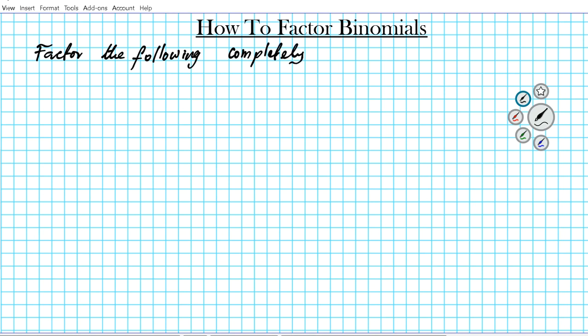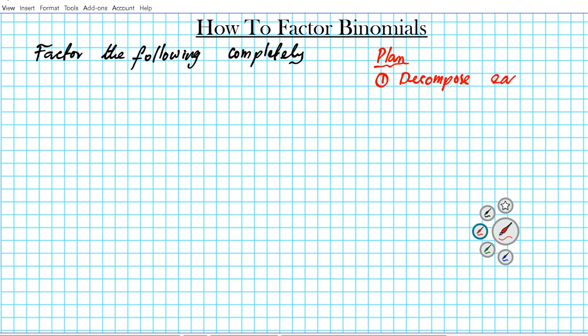Alright, so let's go over the plan that we're going to be employing to carry out the factorization process. Our plan of attack is as follows. First, we're going to decompose each term. Now, why is it that we're decomposing each term?